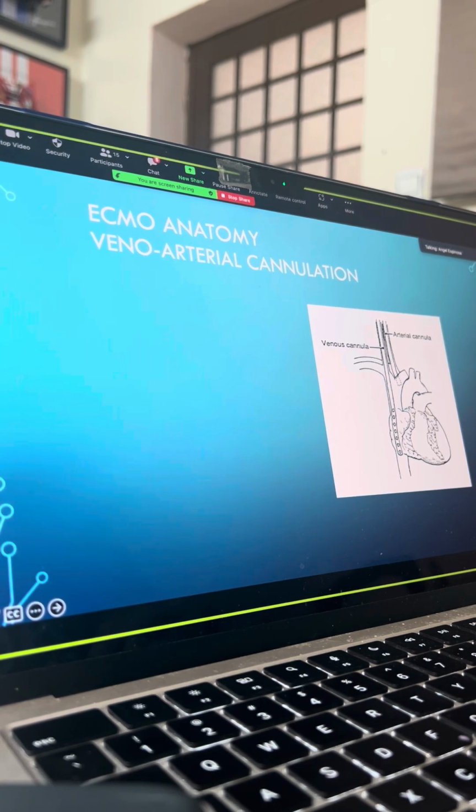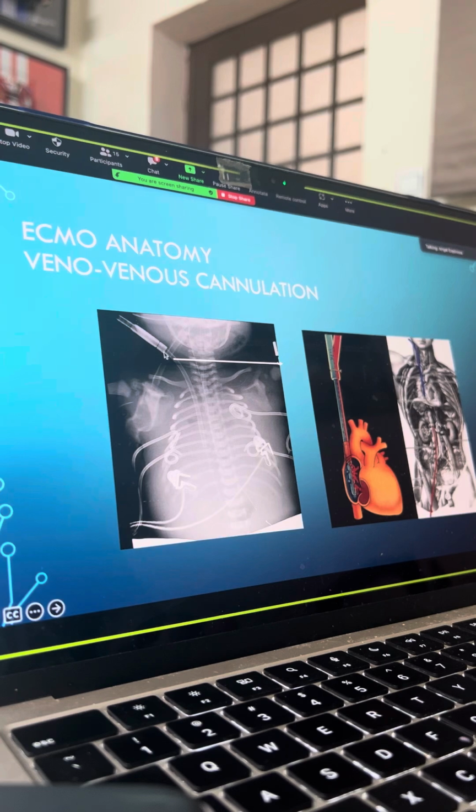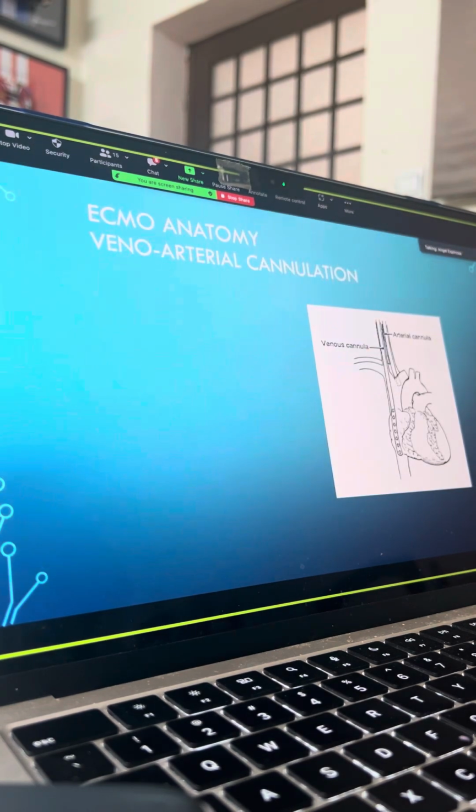For the venous cannula, we can have one cannula that is called a combined cannula, where you have one suction lumen and an injecting lumen that will give us the perfusion of the oxygenated blood. But in the veno-arterial, this is not enough. We need a venous cannula that will make the suction of the cardiac output, and the arterial cannula that will give us the positive cardiac output in the left circuit.